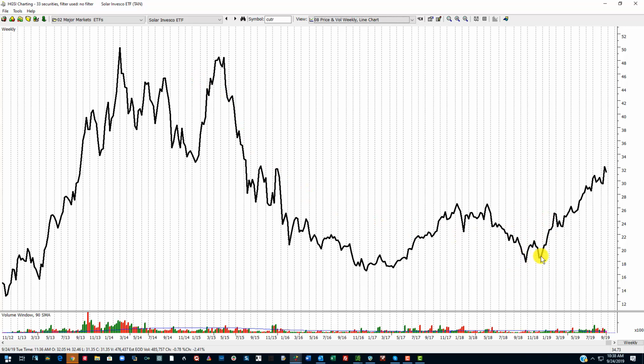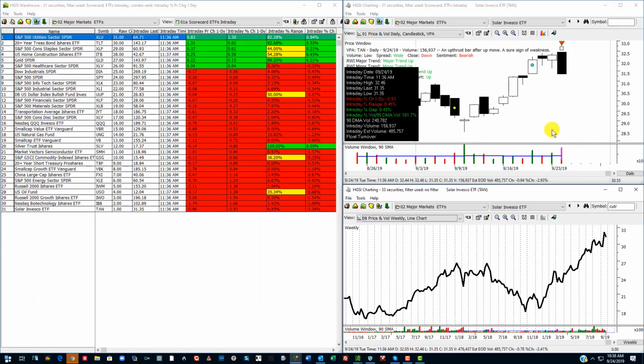Here's the first higher low here. Here's a higher high, higher low, higher high. This is a higher low than back here, and then it broke through there. It's just been extremely strong, but today it has fallen out of favor. This market is not doing well at all today.